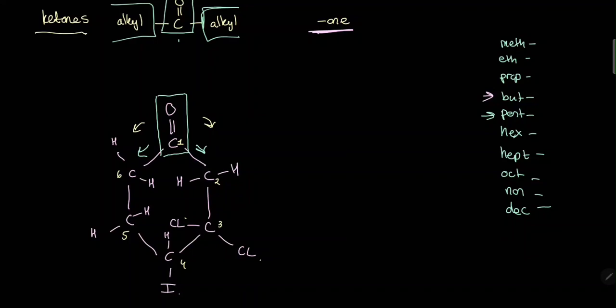So this is a ketone because of our functional group, and there's 6 carbons, so it's going to be a hex, but it's going to be a cyclohexane. We're going to end it with an ONE, so cyclohexanone.